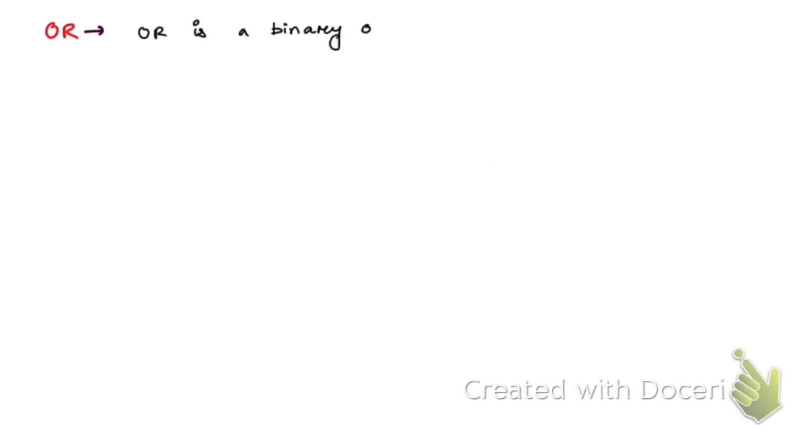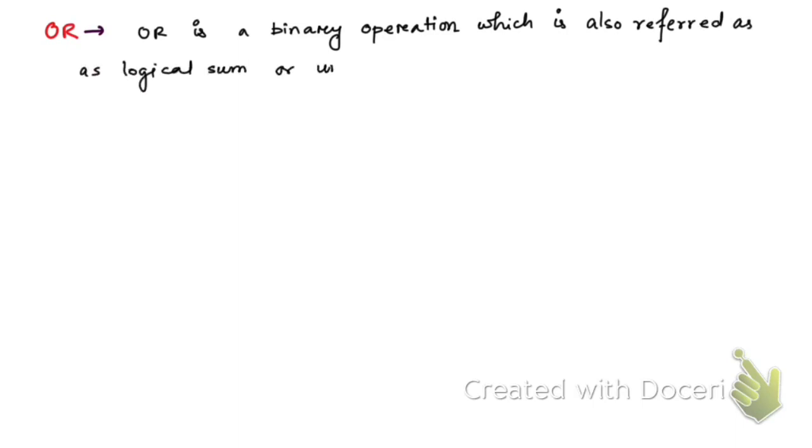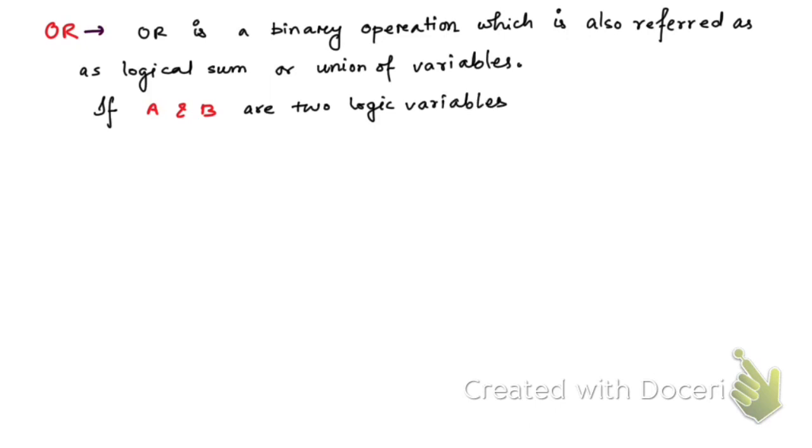OR is a binary operation, which is also referred to as logical sum or union of variables. Suppose we have two logic variables a and b, subjected to the OR operation, and y is the result of that operation.